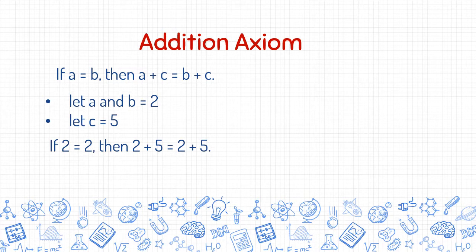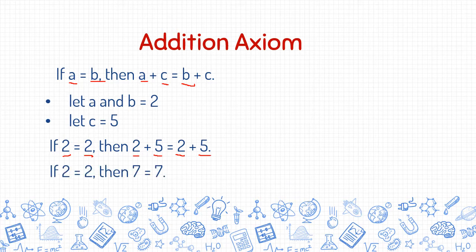So we have A is equal to 2 and B is equal to 2. Let's just prove the axiom is right. Then A, wherein the value of A is 2, plus C, where the value of C is 5, is equal to B, where the value of B is 2, plus C, where the value of C is 5.